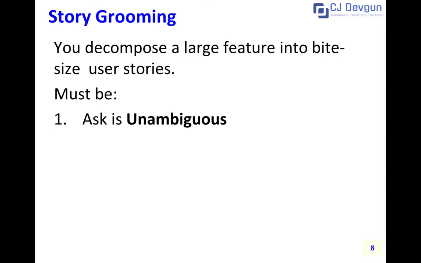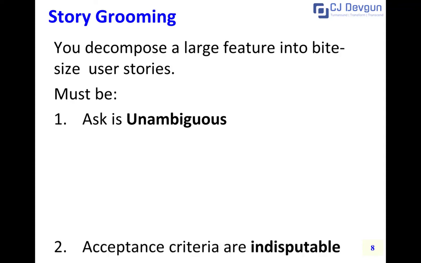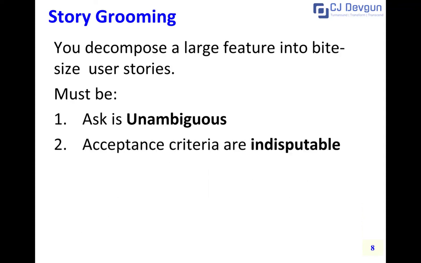Developers and testers can easily understand and complete their activities. Two, the acceptance criteria are indisputable. There is a clear boundary, a clear set of conditions that the story must fulfill.